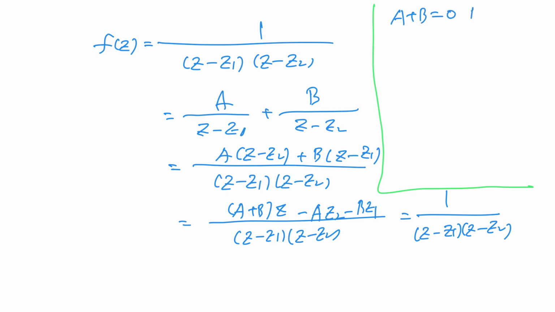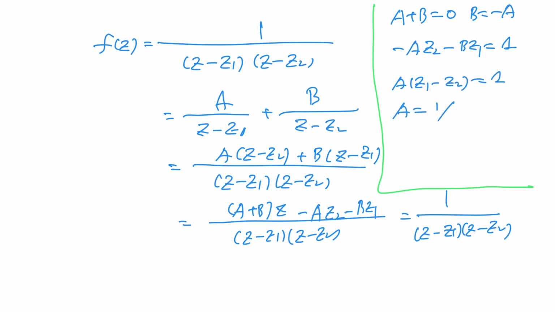So B is minus A. Minus A z2 minus B z1 is equal to 1, so A(z1 minus z2) is 1. So A is 1 over c1 minus c2, and B is 1 over c2 minus c1.